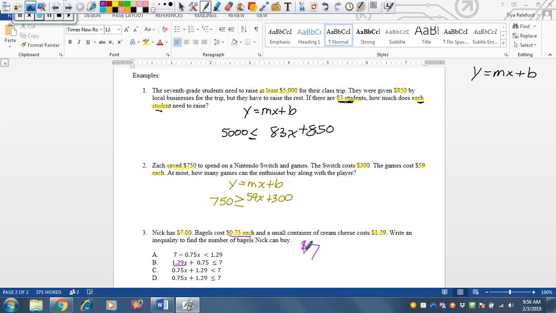That's what he has. Can he spend more than he has? No. So 7 has to be more than what he spends. Can he spend exactly 7? Sure he can. So cross off anything that doesn't have the alligator with a double chin eating $7. And at this point, you have your answer.